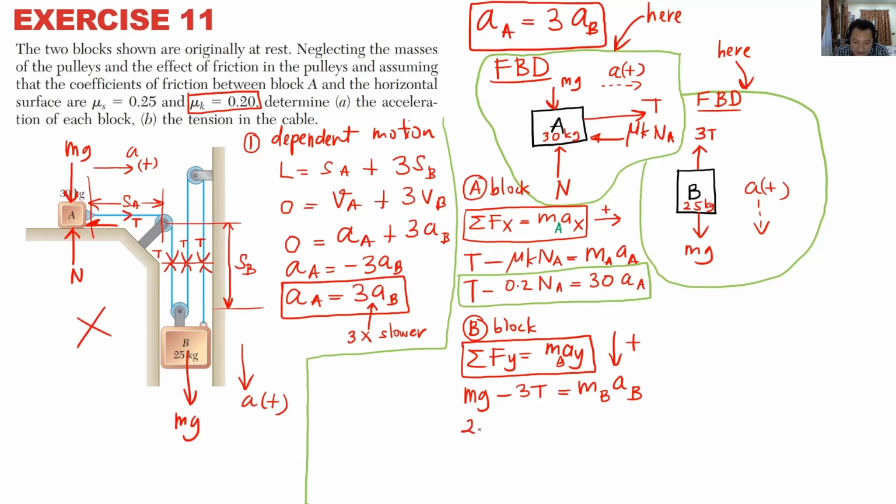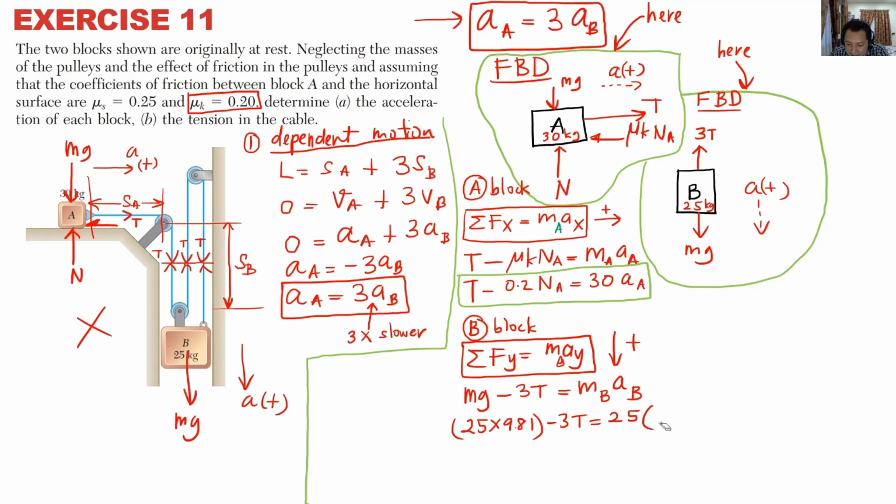Mg, the weight is 25 kilo. 9.81 minus 3T. So this is 25. However, in order to reduce number of unknowns, we need to replace lah. AB sama dengan berapa. So from this equation, which we have derived using dependent motion just now, we know that AB sama dengan, maybe simpler kalau kita tukar AA je lah.